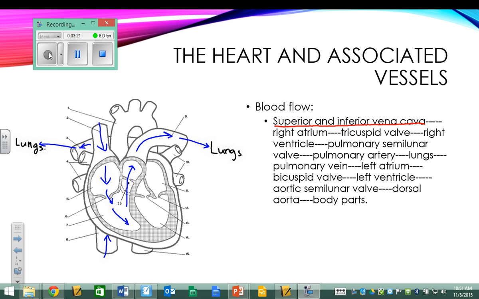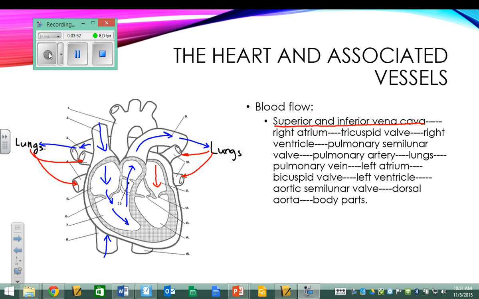After the lungs, blood goes to the pulmonary veins. So remember, there were two sort of branches of pulmonary vein on each side, number 4 and number 10. After the pulmonary vein, blood is in the left atrium.